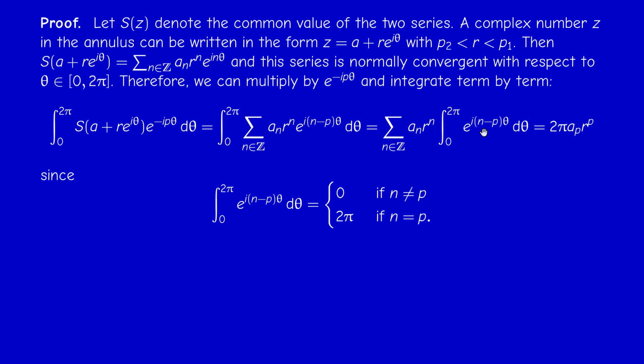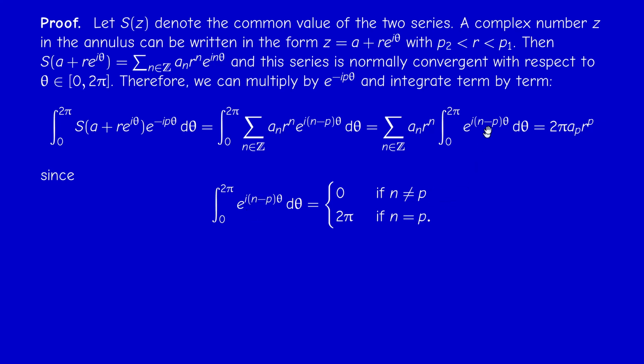And if p is different from n, then this is 0, as you may check. Because we have an antiderivative of e^{i(n-p)θ}, it's e^{i(n-p)θ} over i(n-p). And since by periodicity, we get 0 because the exponential is 2πi periodic.